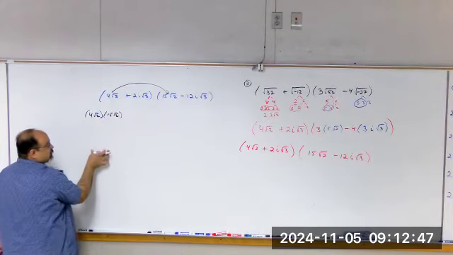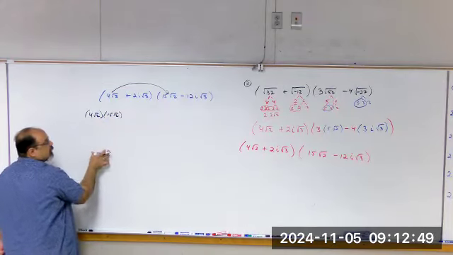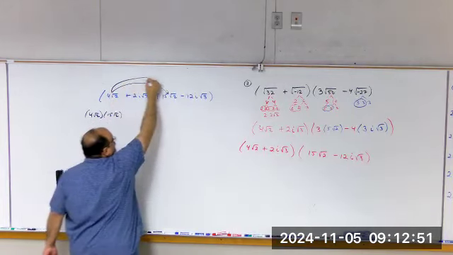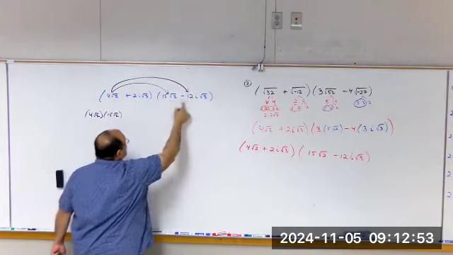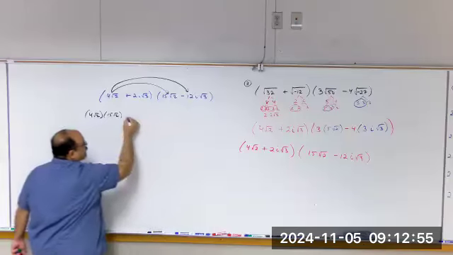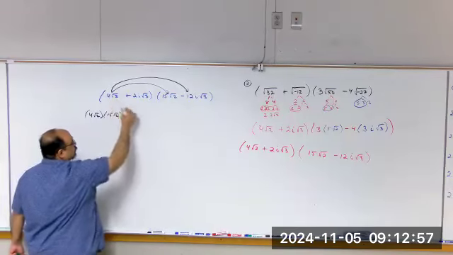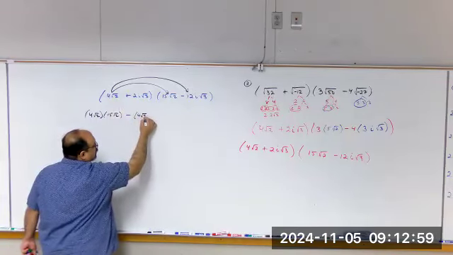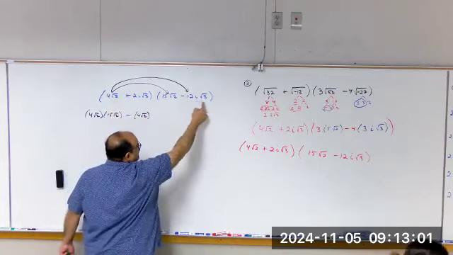And I'm not going to do that yet, I'm just writing them out. Then we have a positive times a negative. So a positive times a negative is going to be a negative. And it's a 4 square root 2 times a 12i square root 3.